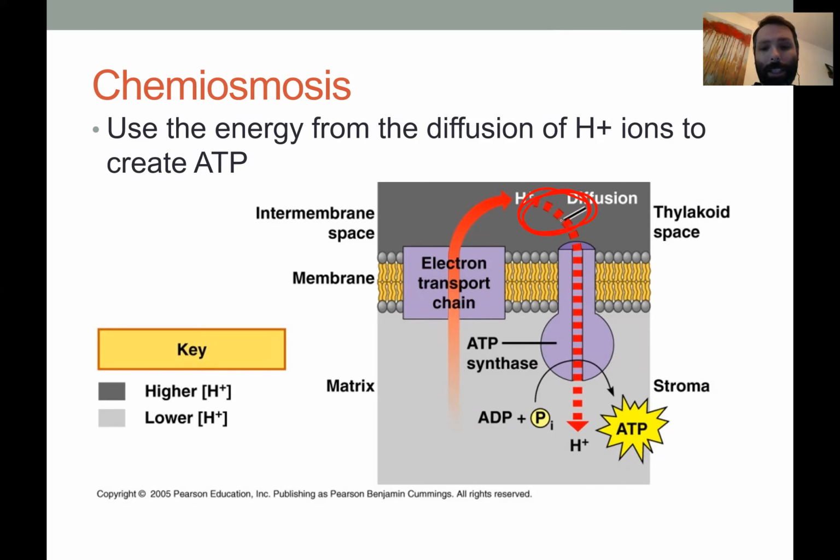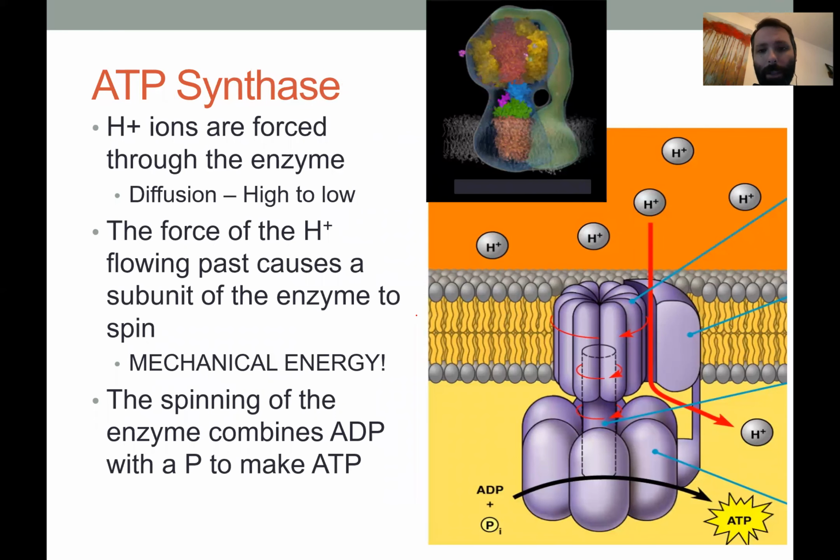We have a lot of H pluses out here, a very low amount inside, of course, because that's where we're taking them from. And the only way to get the concentration gradient to balance itself out is through this enzyme called ATP synthase, which spins around as the hydrogens flow, and that energy is used to take ADP and convert it into ATP, right? And so this is a very efficient, although complicated way of doing things.